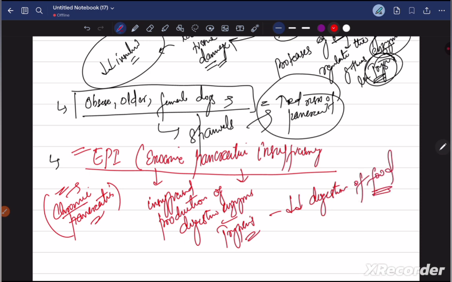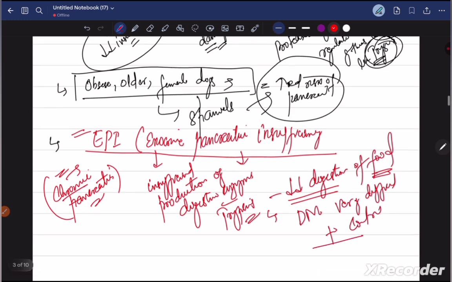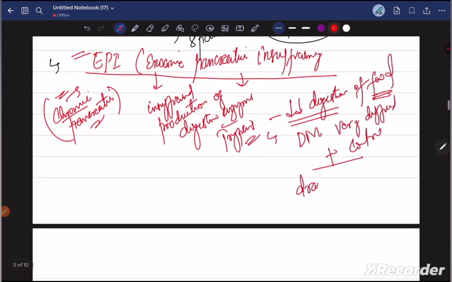When there is poor digestion and absorption of food, it will make diabetes mellitus very difficult to treat and control, and it leads to dramatic weight loss.